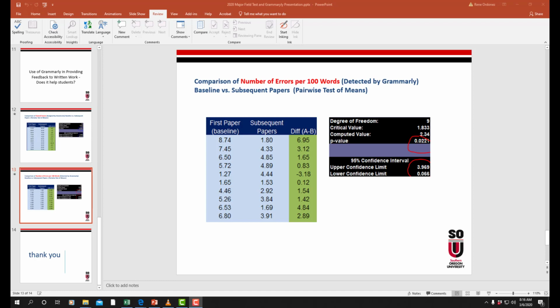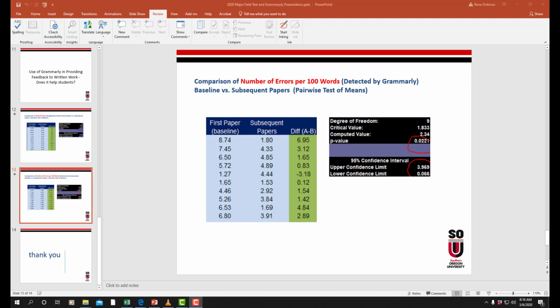The p-value for the pairwise test is 0.02, which is strong evidence that there has been a reduction in the number of errors per 100 words. And the difference is somewhere between 0.06 and up to 4 errors per 100 words.